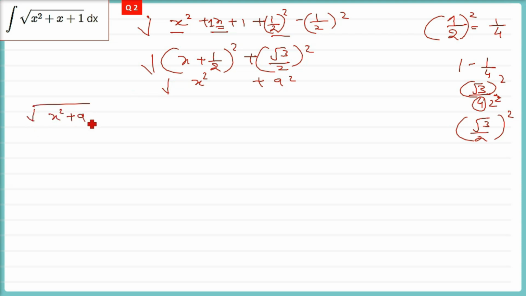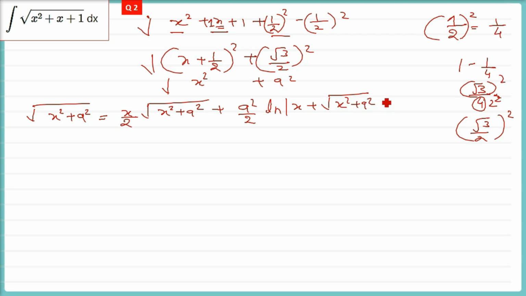root. So this x square plus a square formula, as you are quite aware, is x by 2 under root x square plus a square, plus a square by 2 and log base e, you can write it as ln also, and in this you have x plus under root x square plus a square, then you end it with a constant of integration. What is x here?